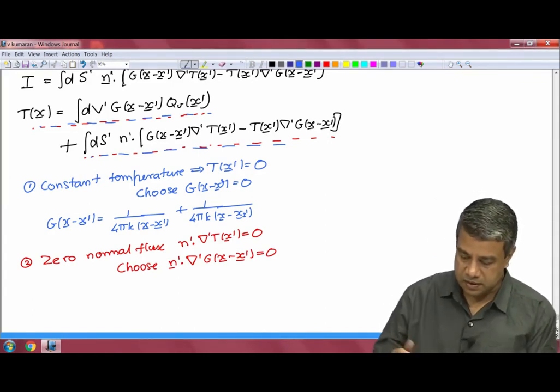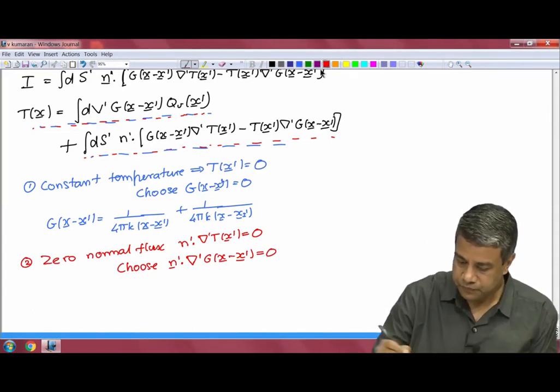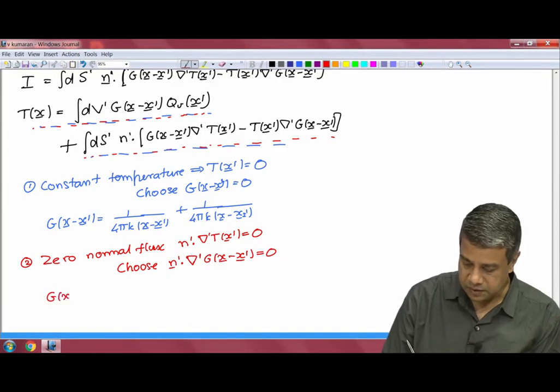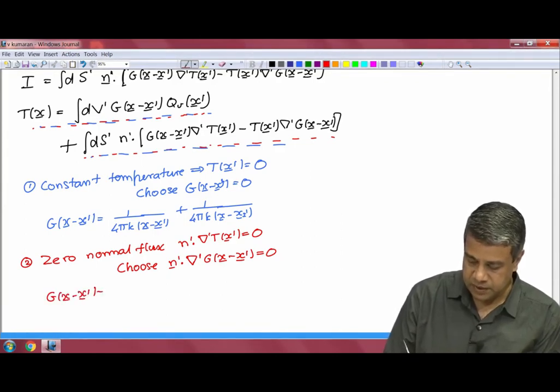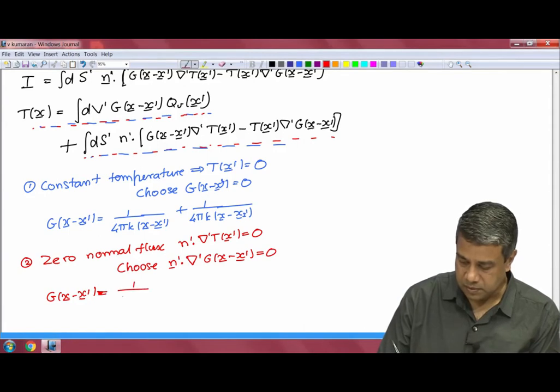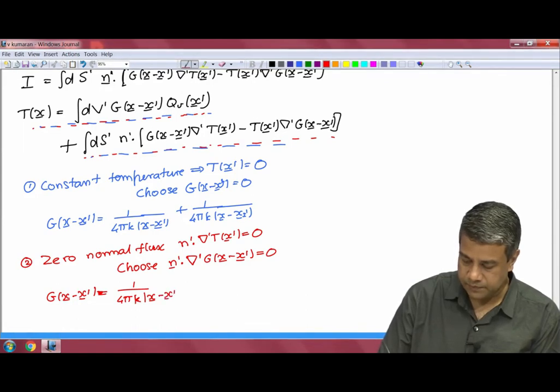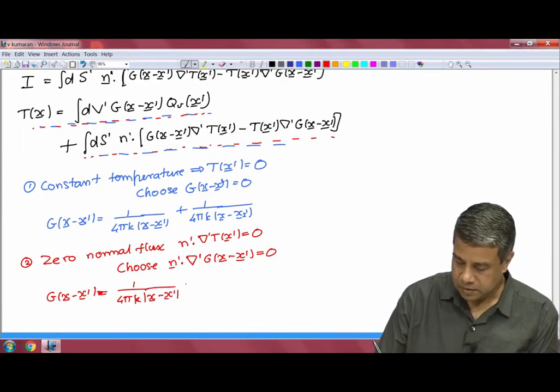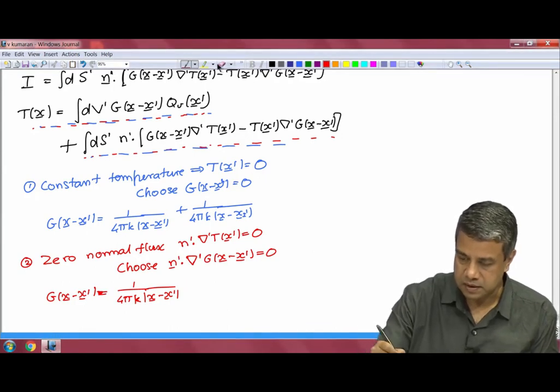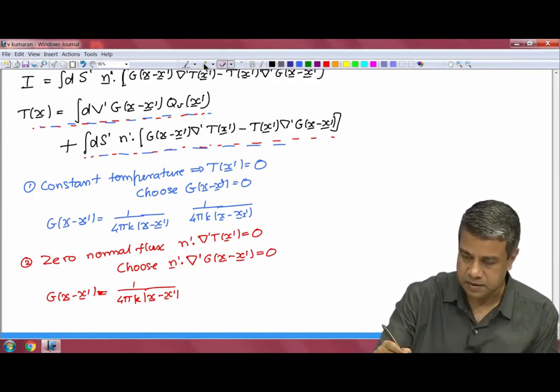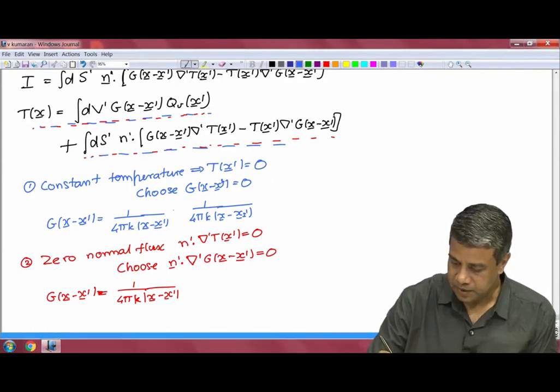You recall we had chosen g of x minus x prime is equal to 1 by 4 pi k into x minus x prime... I am sorry, here it should be a negative sign because the temperature has to be 0. Kindly note this.